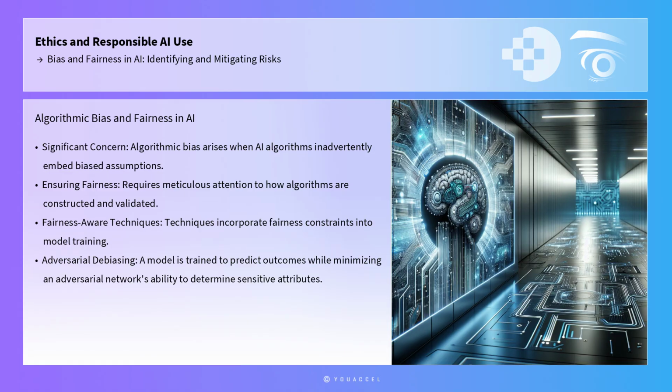For example, adversarial debiasing is a technique where a model is trained to predict outcomes while simultaneously minimizing an adversarial network's ability to determine sensitive attributes like race or gender. This method helps to ensure that the trained model does not rely on biased features, promoting fairer outcomes.